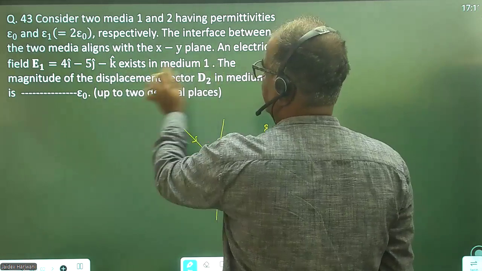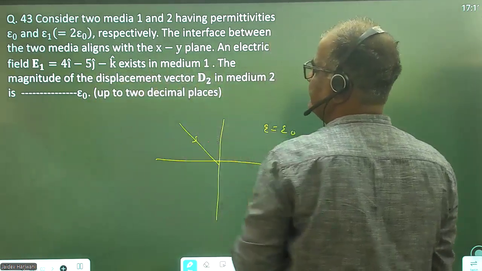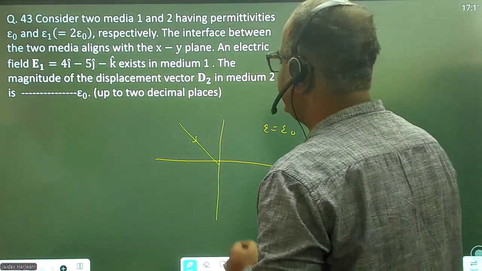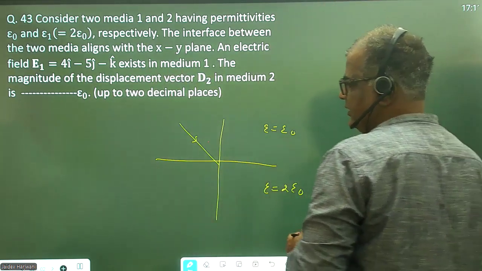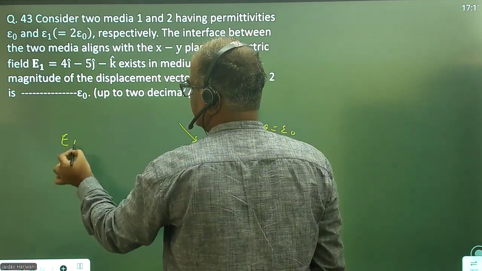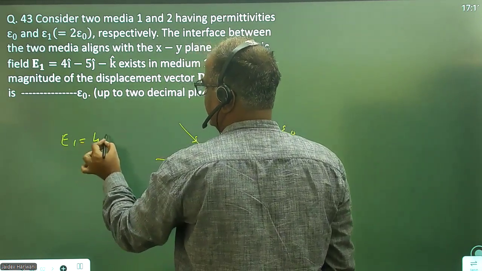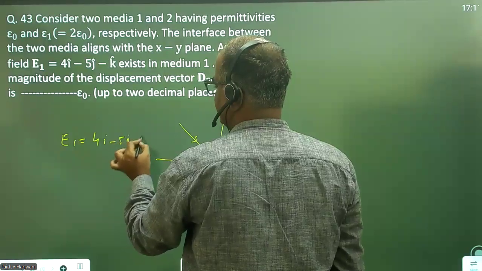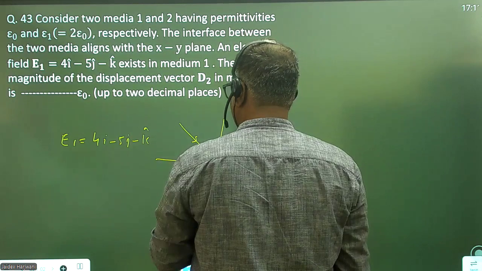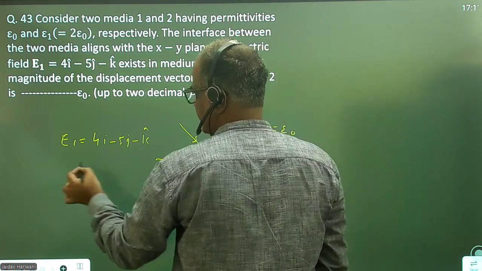So electric field E1 exists in the medium, and the magnitude of the displacement vector D2 in medium 2 we need to calculate. So you have electric field, say E1, which is 4I minus 5J minus K. It has two components.